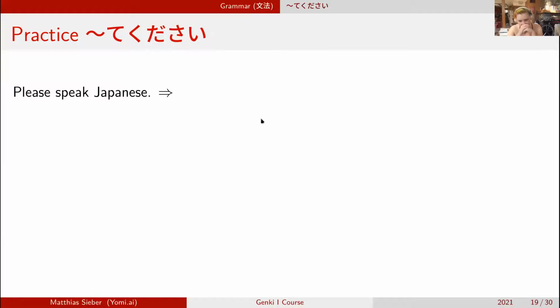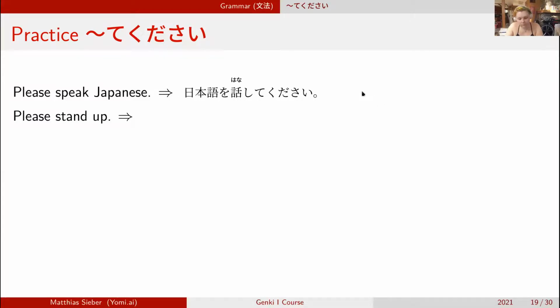That's the dictionary form, and we conjugated it using the te form. The te form of hanasu is hanashite. So hanashite kudasai just means please talk. Here we want to say Japanese as in Japanese language, Nihongo. Exactly. So all together, we use Nihongo o hanashite kudasai. Please speak Japanese.